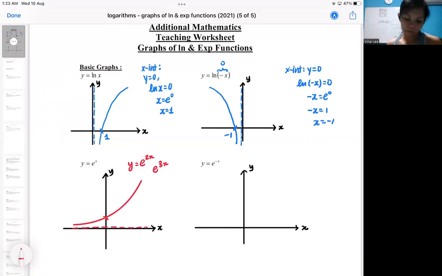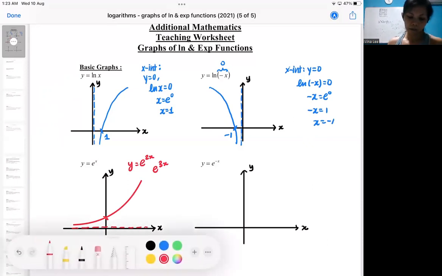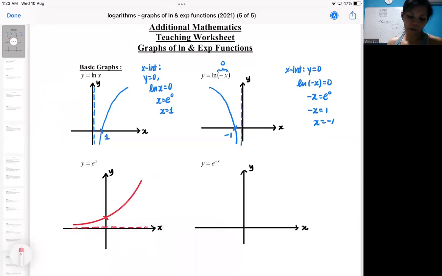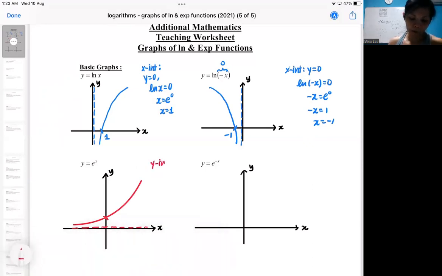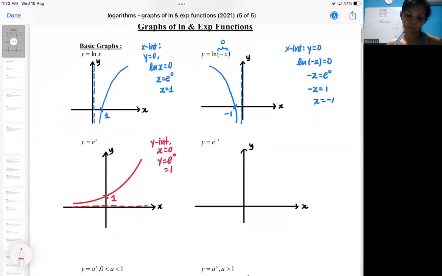If you can see, there is no x-intercept because the x-axis is a dotted line. So in this case, you only need to find the y-intercept, which is quite easy, just putting in x equal to 0. You do need to check whether it is always cutting at 1.